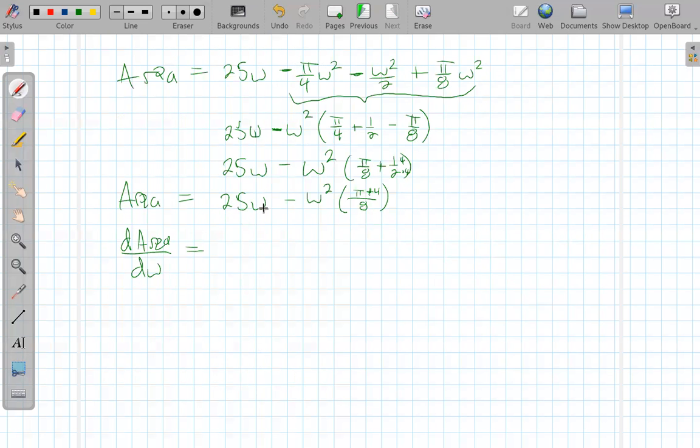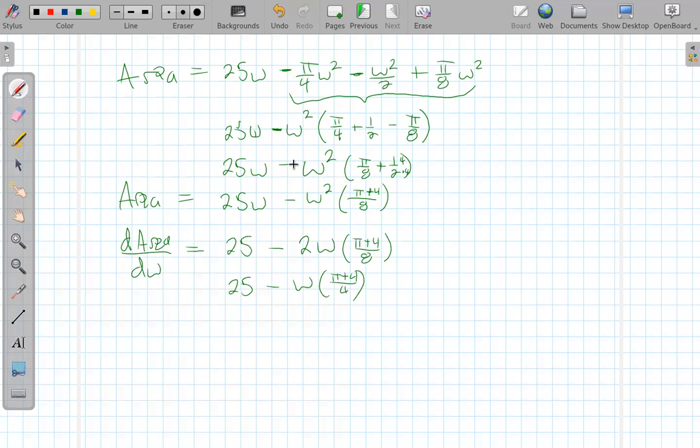So derivative of 25W is 25 minus derivative of W squared is 2W, and the pi plus 4 over 8 is just a constant. It just gets carried along. And the 2 over 8 cleans up a little bit. So we get 25 minus W times pi plus 4 over 4.